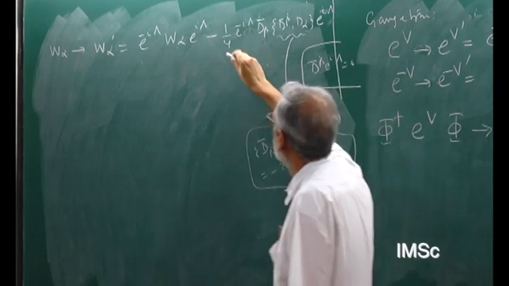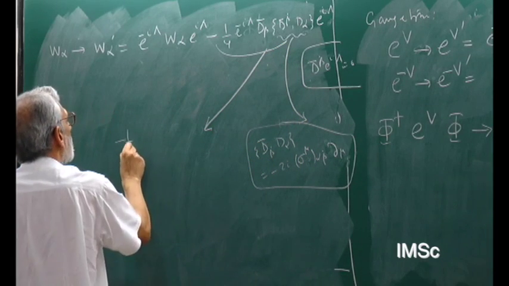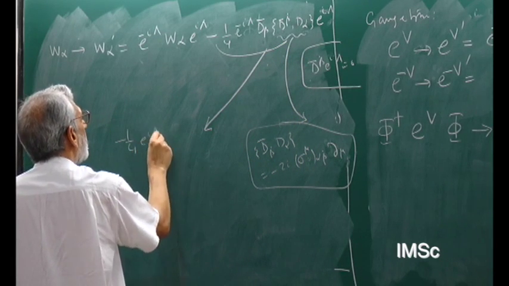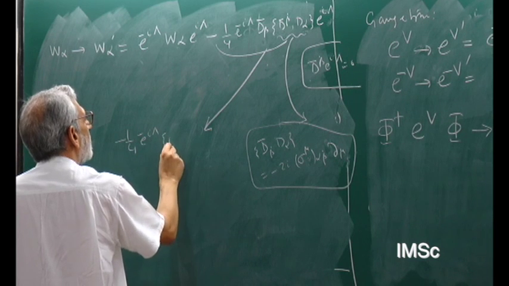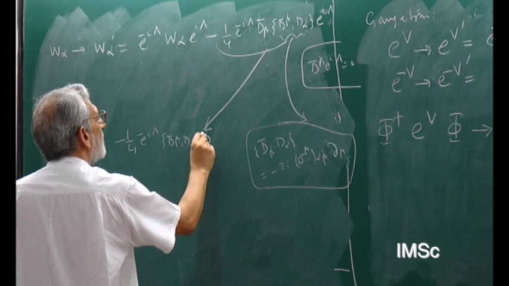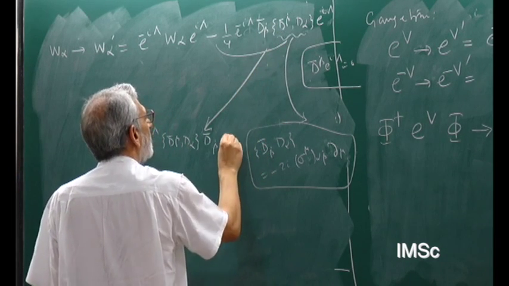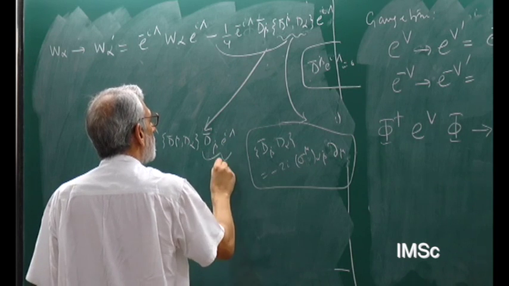So therefore, I can rewrite this term as minus 1/4 e^{i lambda} commutator d bar beta dot d alpha anti-commutator d bar beta dot e^{i lambda}, but that is 0.